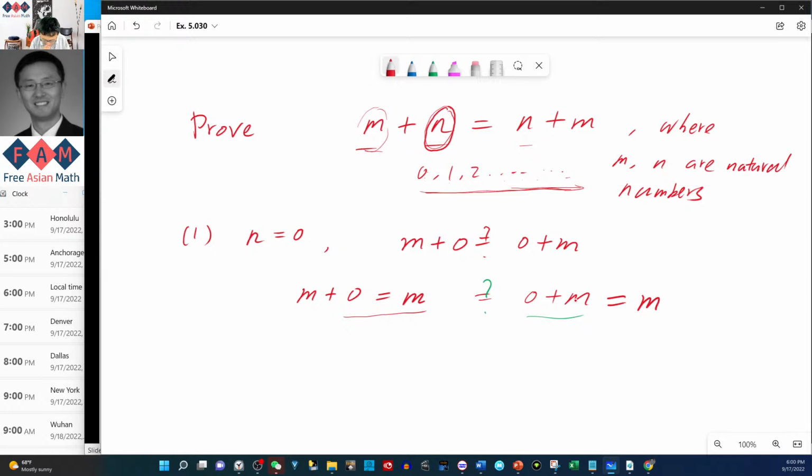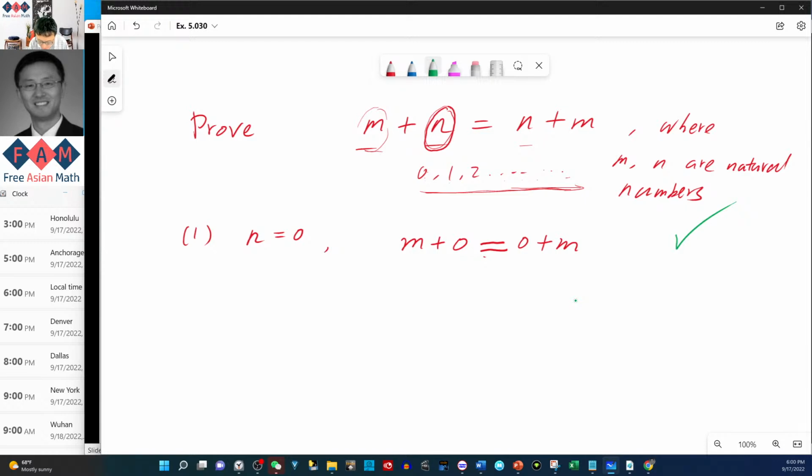So therefore, we just finished the proof. Very trivial, both by definition. This is indeed m plus 0 equals 0 plus m, satisfying the commutative law for the initial stage when n equals 0. So check. We have finished the first initial step for performing mathematical induction.